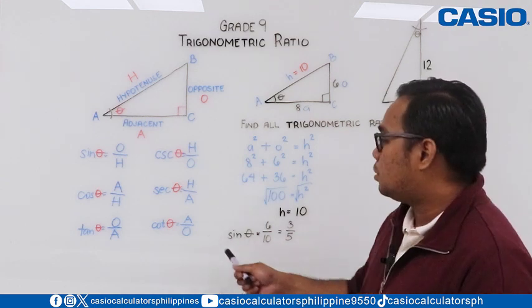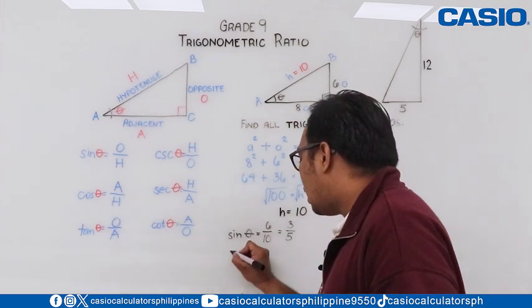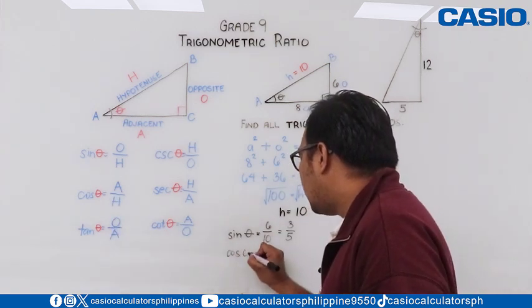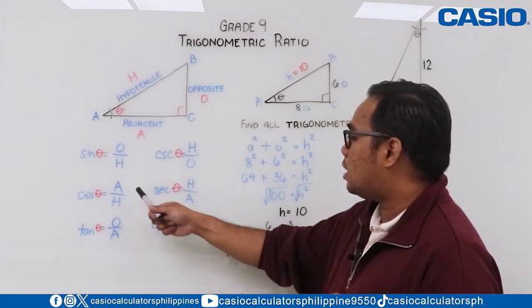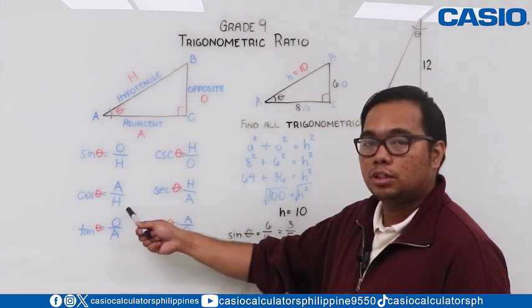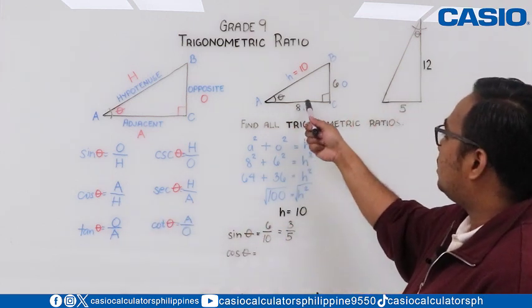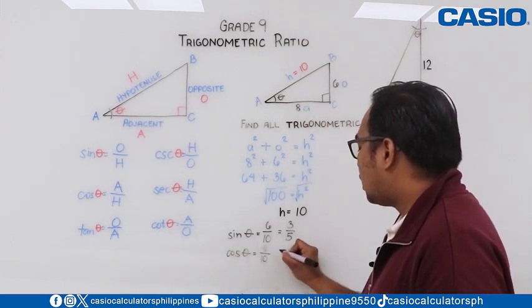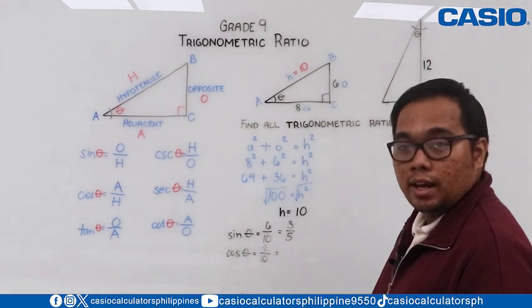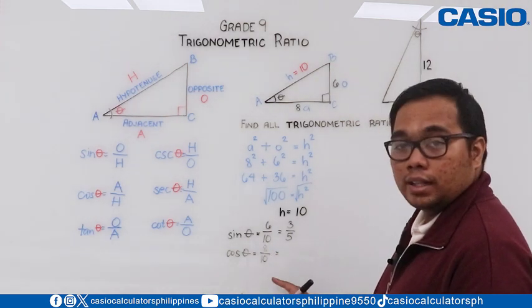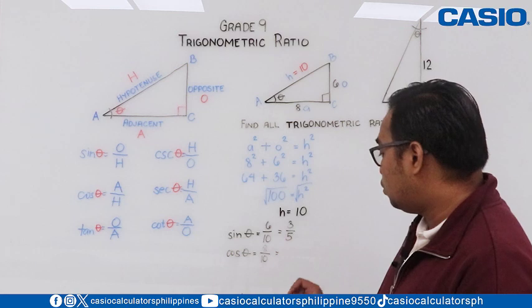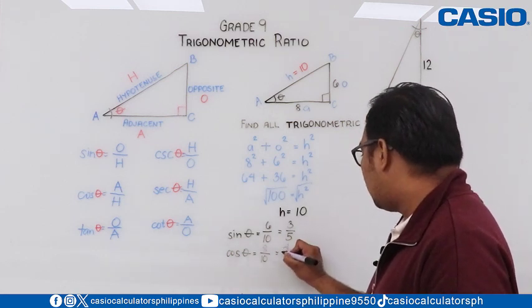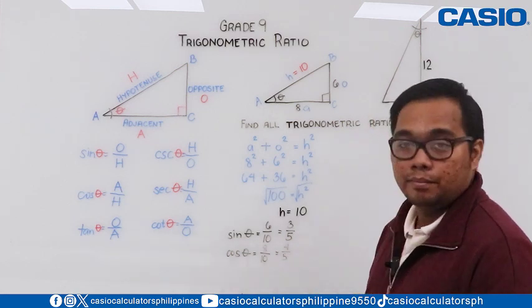Okay? Now, let's go to cosine. Our cosine function, cosine theta, is equal to adjacent side over hypotenuse. Our adjacent side is 8 and our hypotenuse is 10. So let's simplify again our fraction. 8 over 10 is both divisible by 2. So that will be 4 over 5.